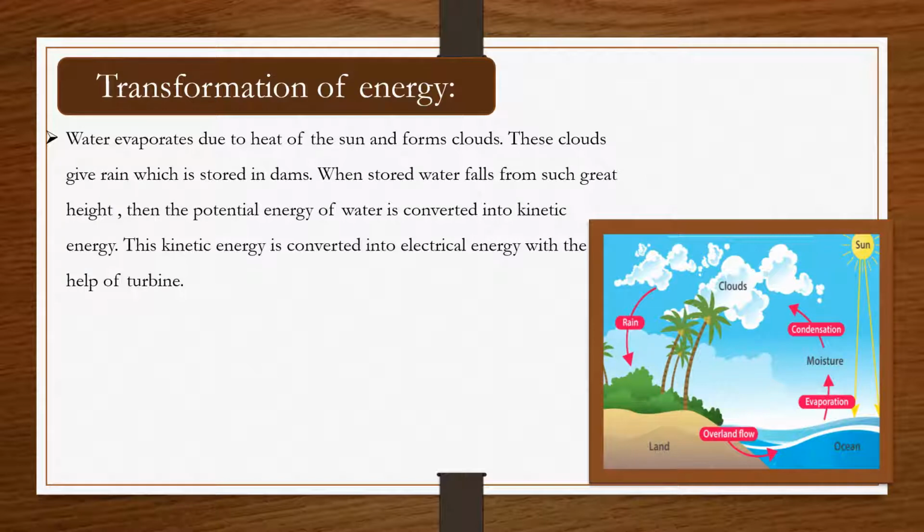Rainwater flows into rivers and is stored in reservoirs on dams. These are at a height and therefore their water has potential energy, which is transformed into kinetic energy as the water falls downwards. When the water falls on the turbine, its kinetic energy is transferred to the turbine and the turbine rotates, producing electrical energy.